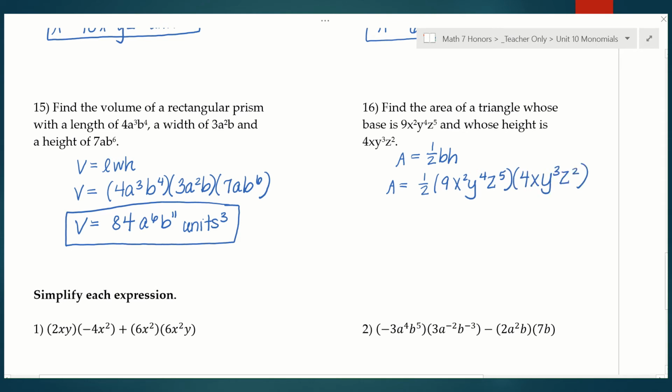Okay, so we can treat 1/2 as a coefficient. So 1/2 times 9 times 4. Well, 9 times 4 is 36, so half of 36 is 18. X squared times x to the first would give me x to the third. Y to the fourth times y to the third would give me y to the seventh. And z to the fifth times z squared would give me z to the seventh. And we're doing area, so units squared.